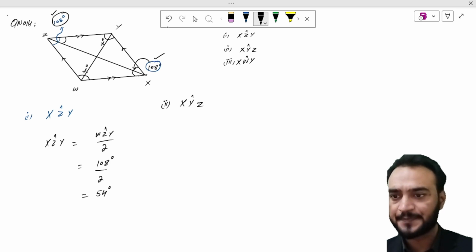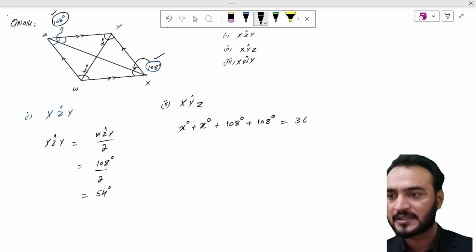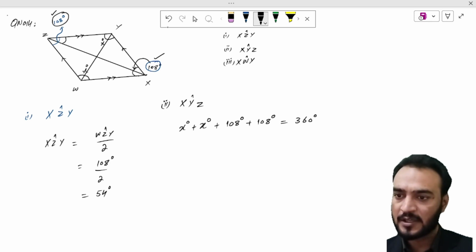So let us add these angles: x degrees plus angle at point X is 108 degrees, angle at point Z is also 108 degrees, and the sum is equal to 360 degrees. This becomes 2x degrees plus 216 degrees equals 360 degrees.